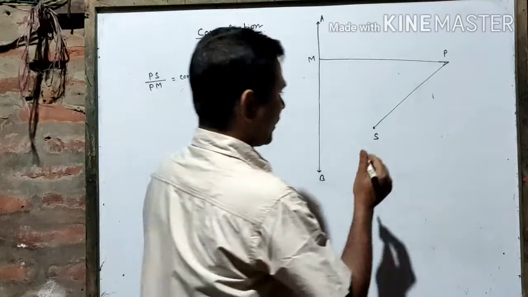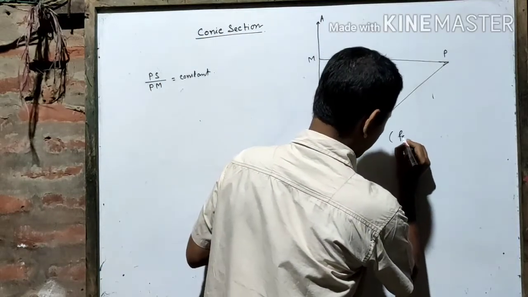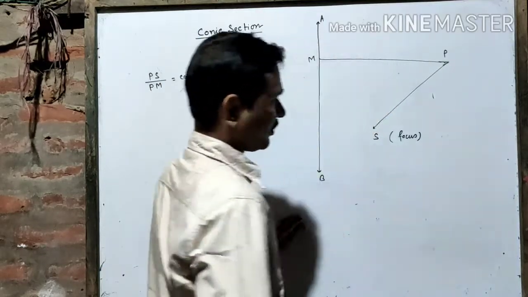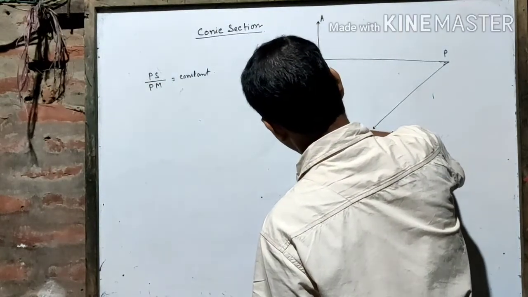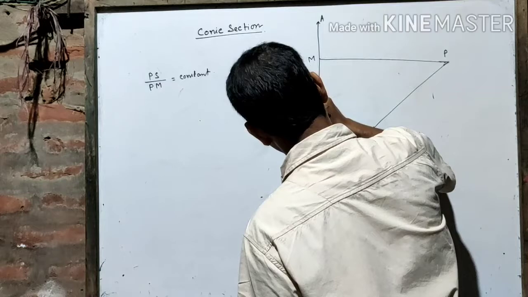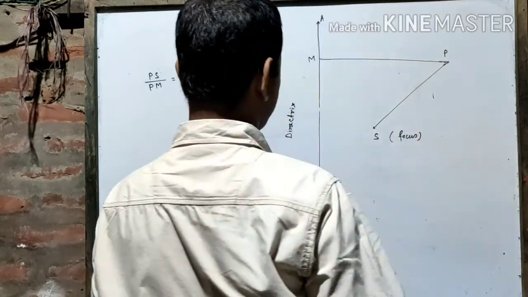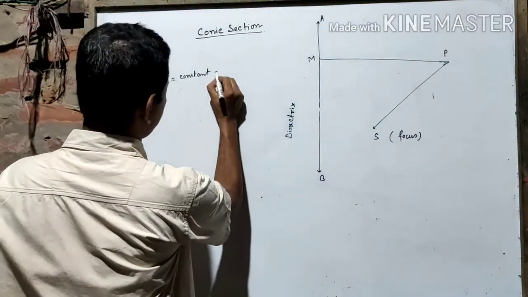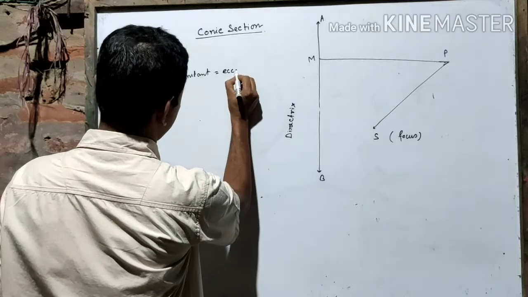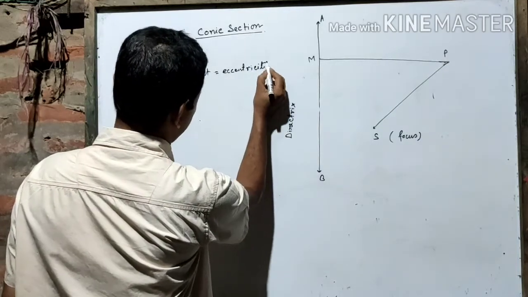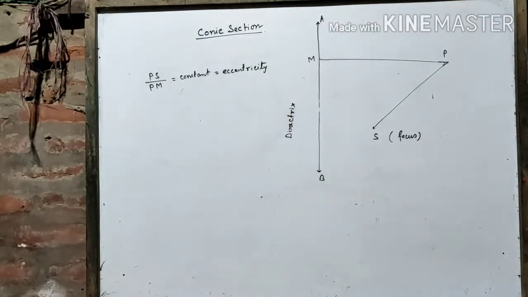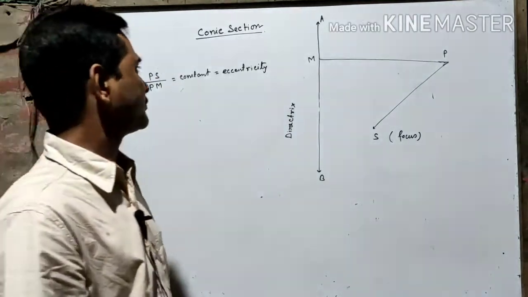Now this fixed point is called the focus of the conic. This fixed straight line is called the directrix, and the constant ratio is known as the eccentricity of the conic.